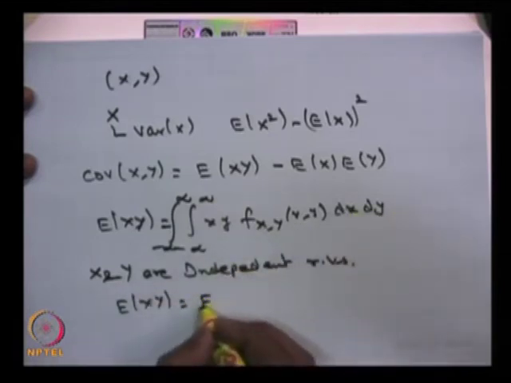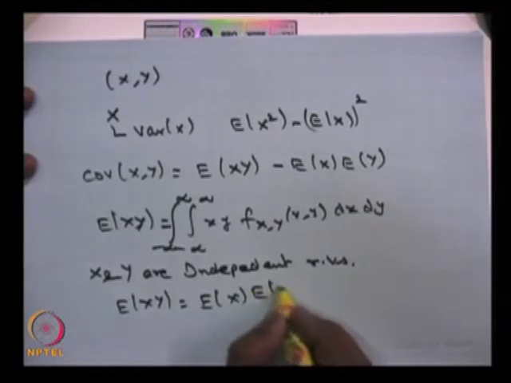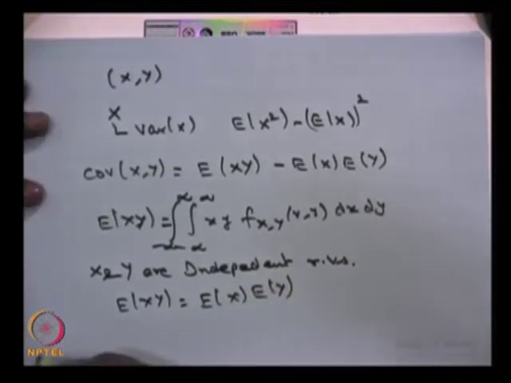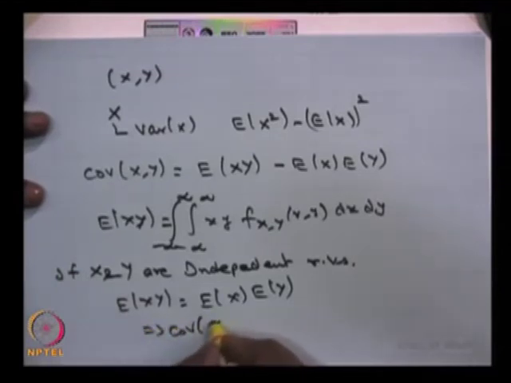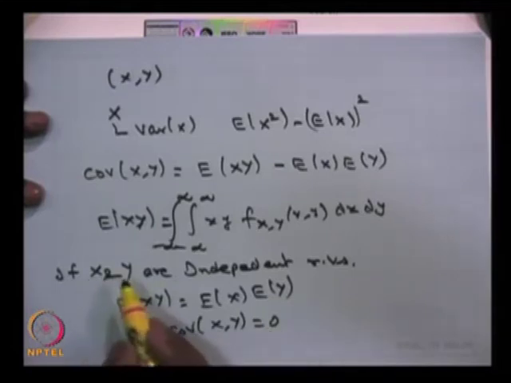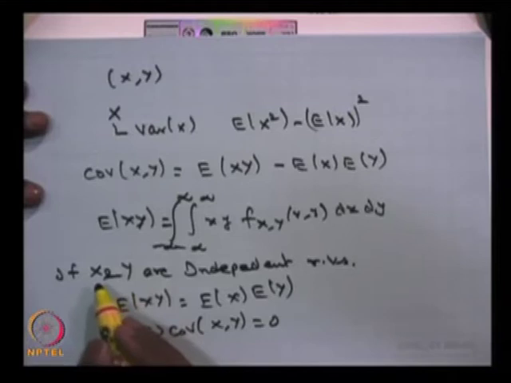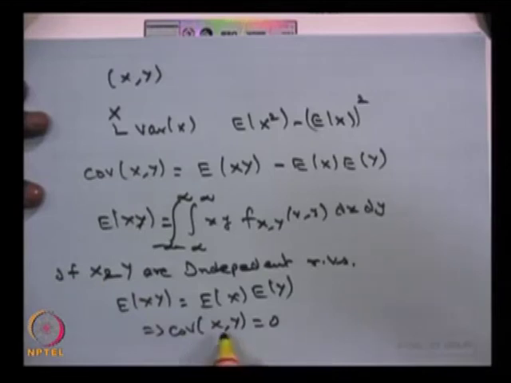Therefore that is nothing but the expectation of x into expectation of y. That means if two random variables are independent, then the covariance of the two random variables is going to be 0. But the covariance of x comma y equal to 0 does not imply the random variables are independent. So it is not an if and only if: if the random variables are independent, then you conclude the covariance is 0, not the converse.